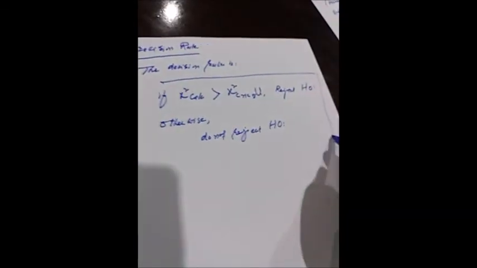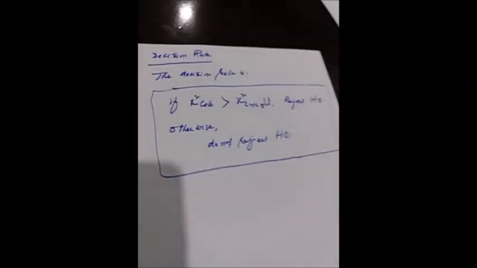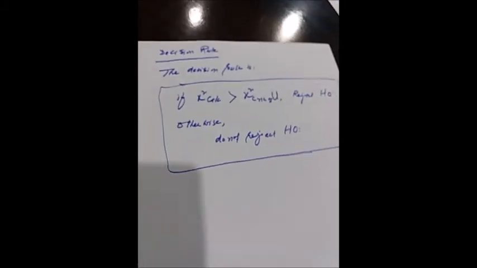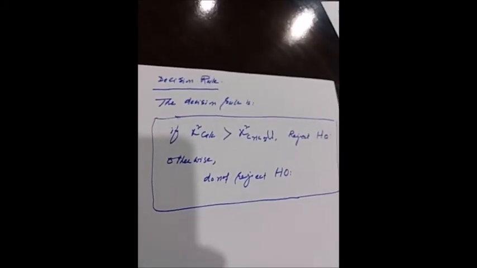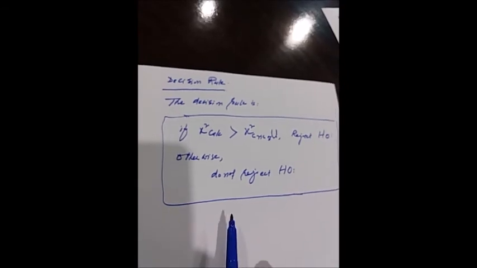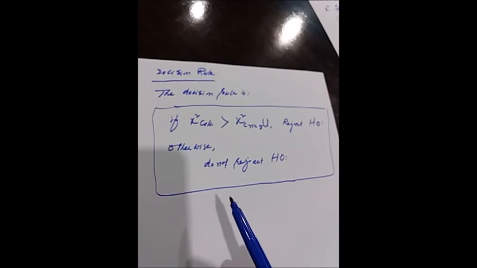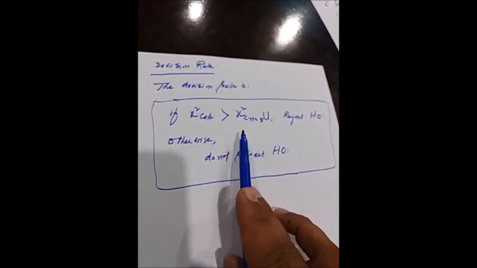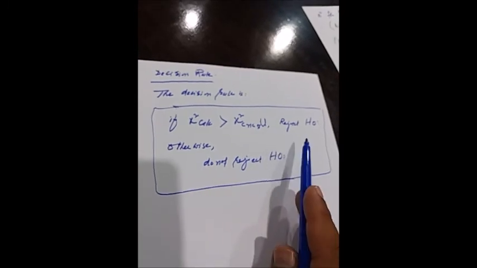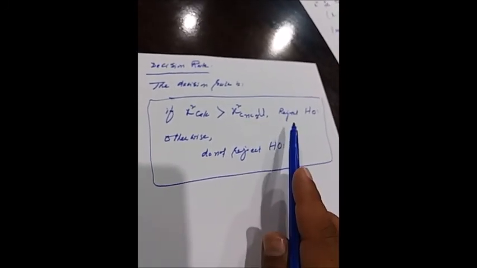So we can close the decision rule. I think we comprehend it: if the calculated chi-square, the obtained result of the chi-square, is greater than the tabulated value of the chi-square, then reject the null hypothesis and accept the alternative hypothesis.